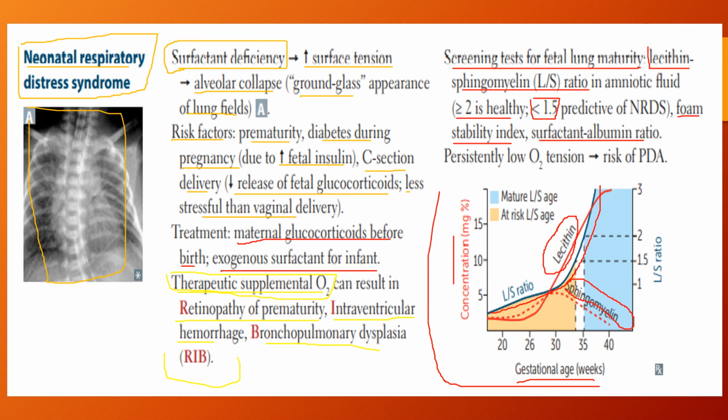The blue shading represents the mature lecithin-sphingomyelin ratio, which is normal for a healthy person, up to 3, meaning greater than 2. And the dark shade shows the risk of neonatal respiratory distress syndrome, as it's below 1.5.